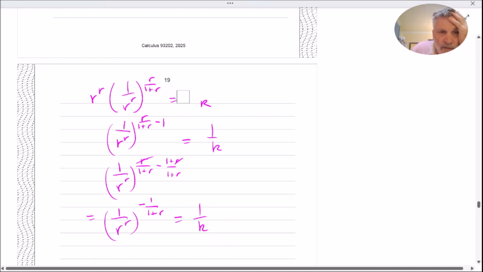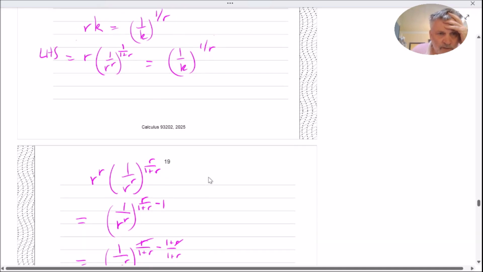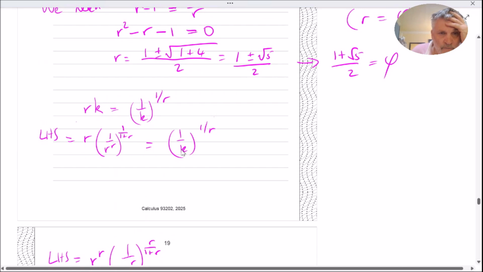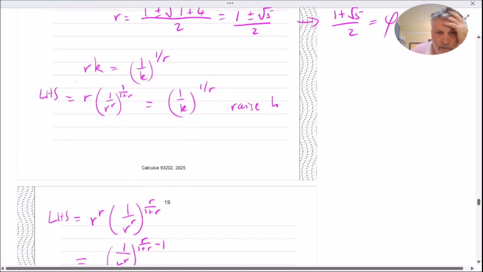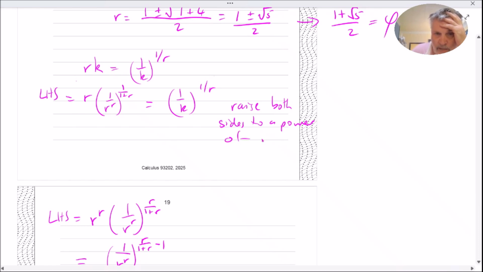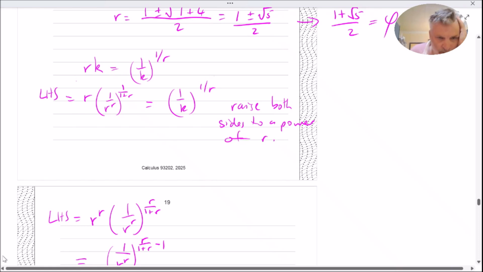Probably should not write those in down here and just put equal signs. So we take the left-hand side, raise both sides to a power of r, and then work with the left-hand side.